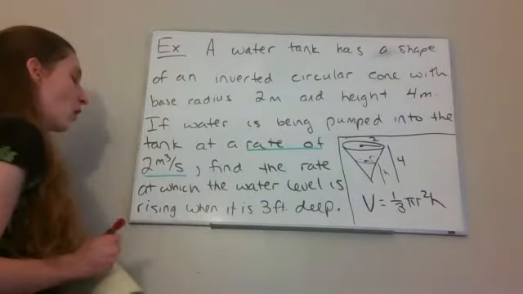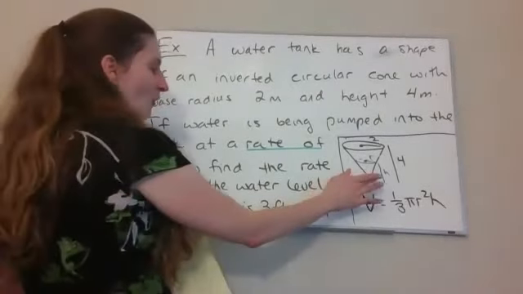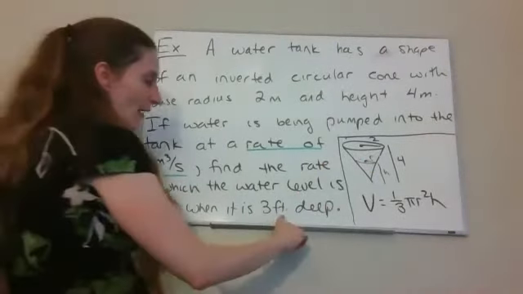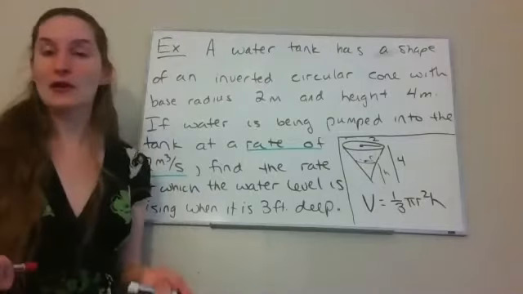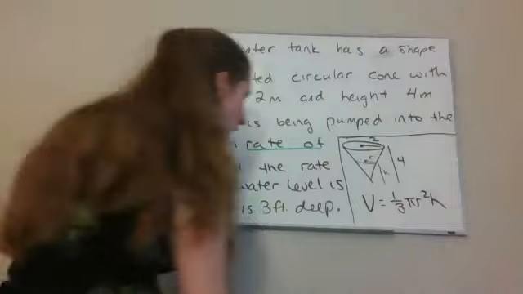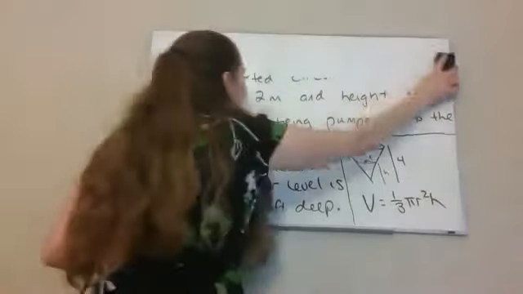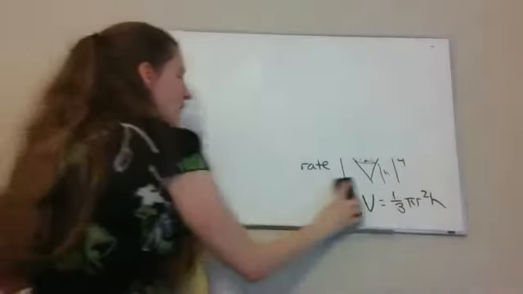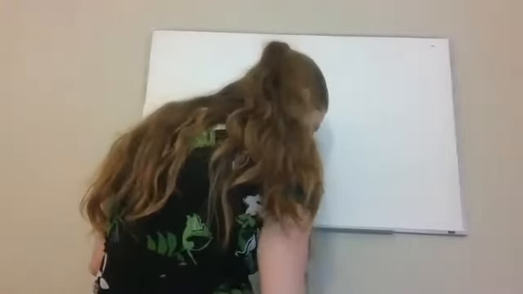The thing that I want to find is dh/dt, how the height of this water level is changing when my height is 3 feet deep. Notice that we know nothing about the radius of the water, but we'll figure that out using geometry. So let's write down everything we know and everything we want to find and try to interpret how to do this problem.